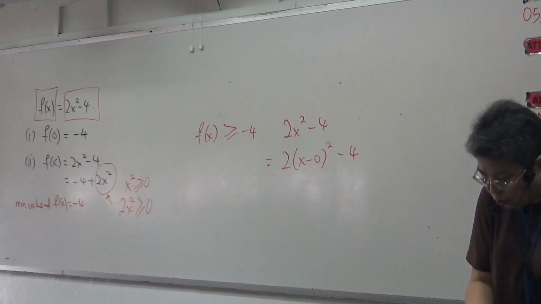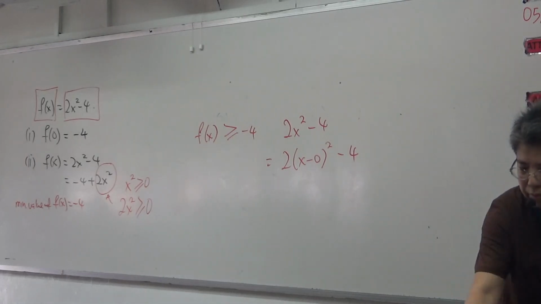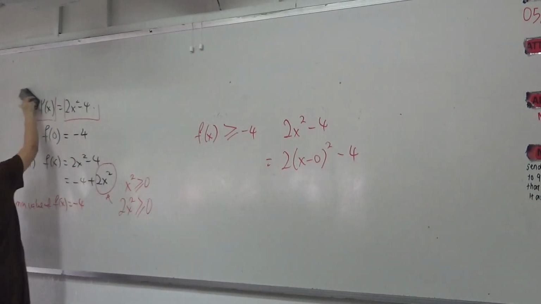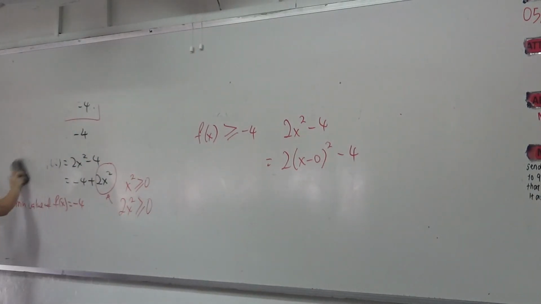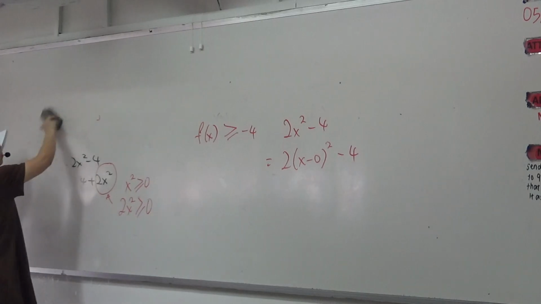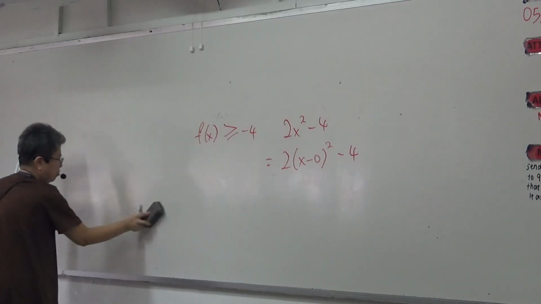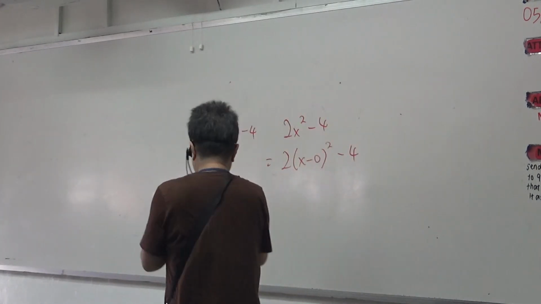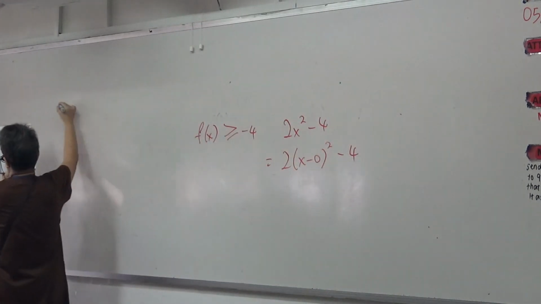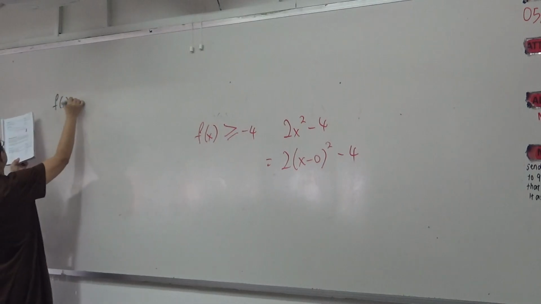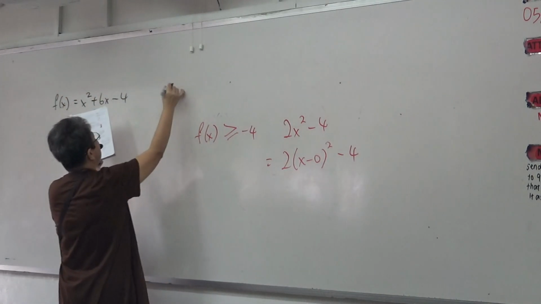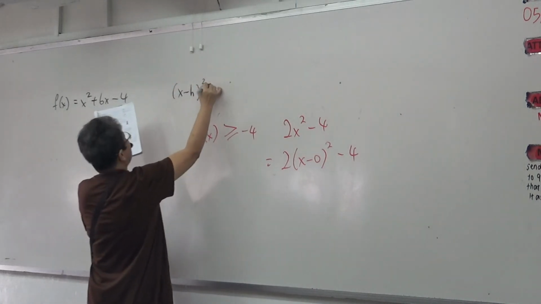Now, completed square form. Okay, example 2. I'm going to go to example 2 already. Let's take a look at example 2. Express f(x) equals x squared plus 6x minus 4 in the form (x minus h) squared plus k.